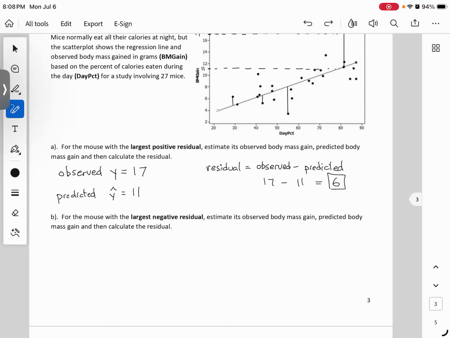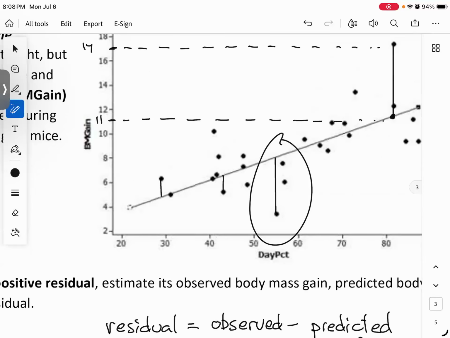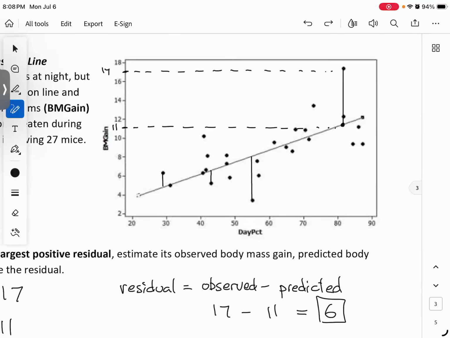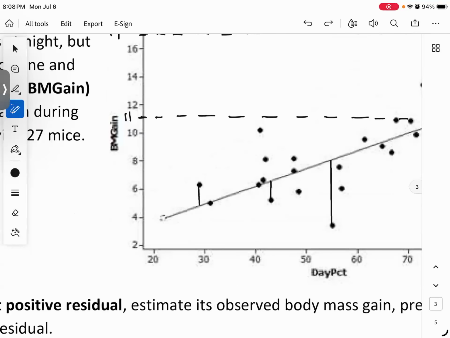Now, each one of these dots has a residual. Again, we're not going to do all of them. We usually do the one that's got the largest positive. Then we'll also sometimes do the one that's got the largest negative residual, which is going to be that one here. It's the observed dot that's most below, or furthest away from the line. And you repeat. Start with the dot.